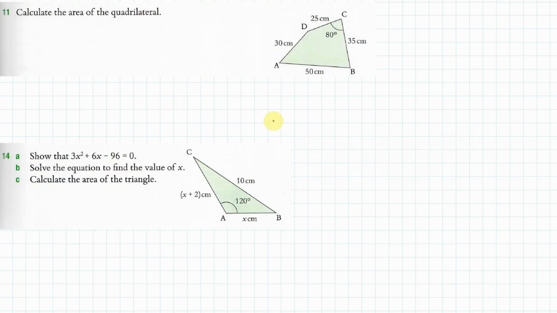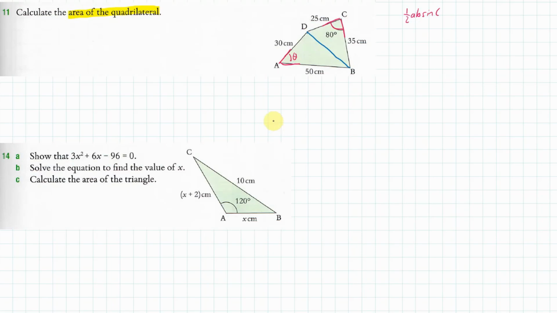Okay guys, we're going to look at question 11, a bit more of a tricky problem here. Now we're trying to find the area of a quadrilateral, and the way we're going to do this is we're going to divide our quadrilateral in half, and hopefully you can see that we could then use half AB sine C. So this side could be A, this side could be B, and this could be sine C. And we could almost do the same thing here, half A, B, we just need this angle here.